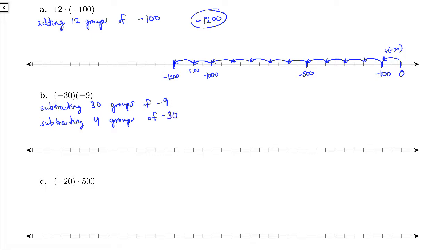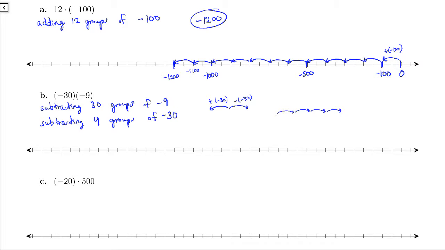So again, I would probably rather look at 9 groups of something than 30 groups of something. If I'm adding a negative 30, I would go that way. So if I'm subtracting a negative 30, I would go in the opposite direction. So I should be going 9 groups in that direction of 30.